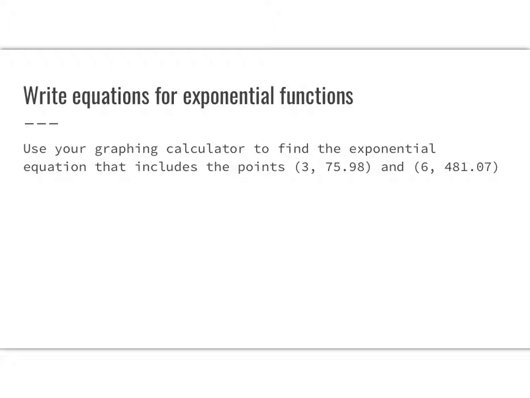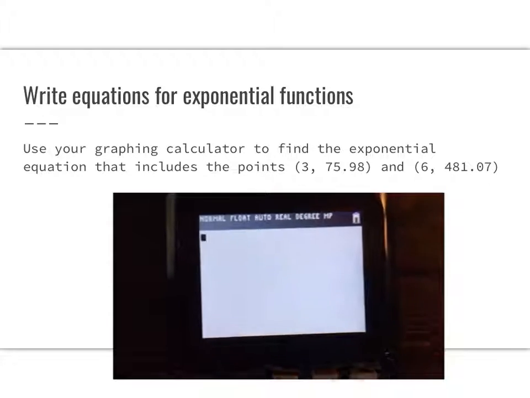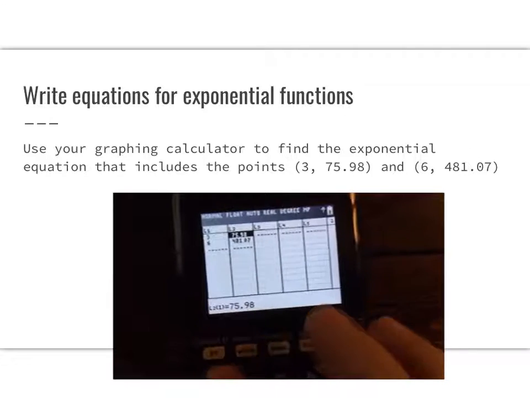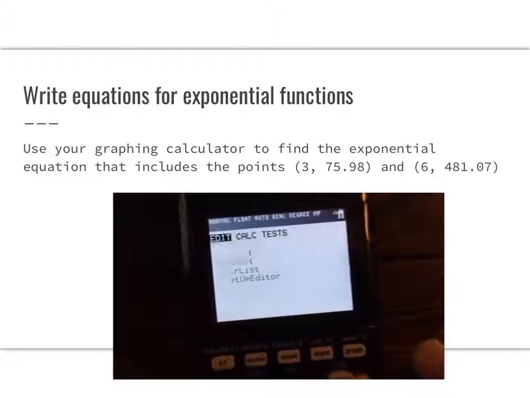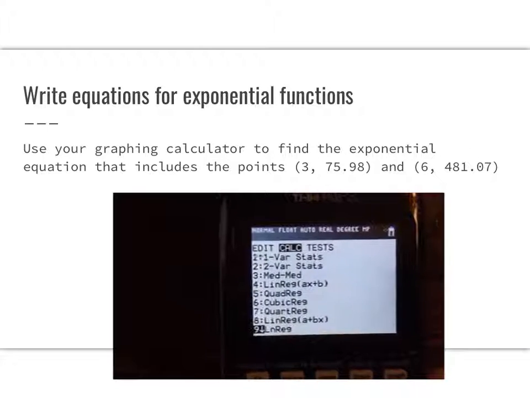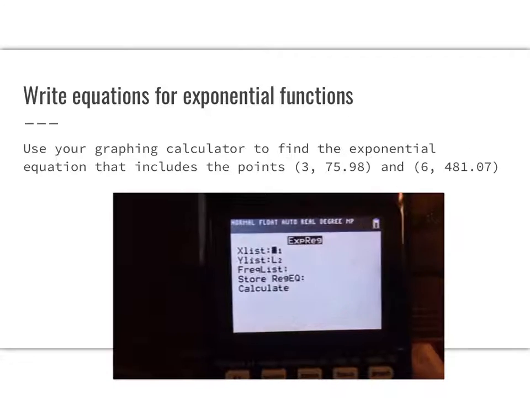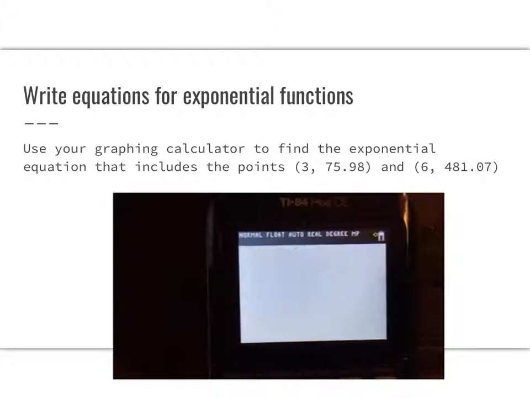Okay, for this one, it's the same idea. You're getting 2 points, you're being asked for the equation. It's really just how do you ask the calculator to do it. We've done the regressions before, so you just need to remember how to put the things into your lists. I've put the 2 points in. Once the points are in, you come over to calculate. If you go down to the 10th option, the 0, ExpReg, that is an exponential regression.